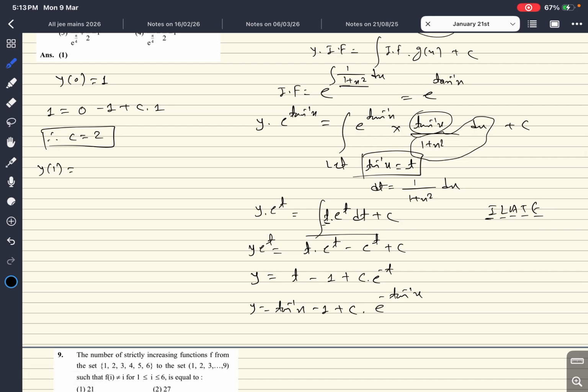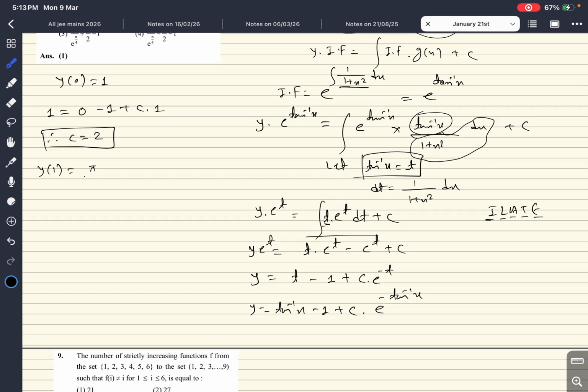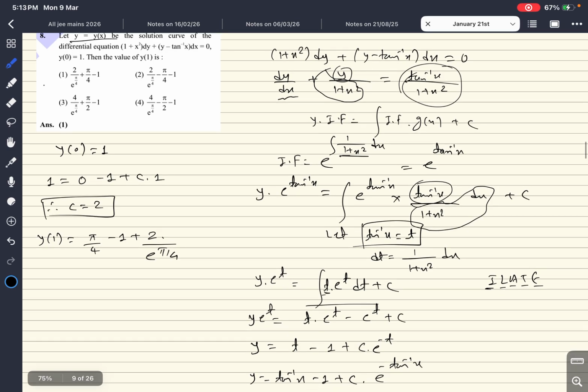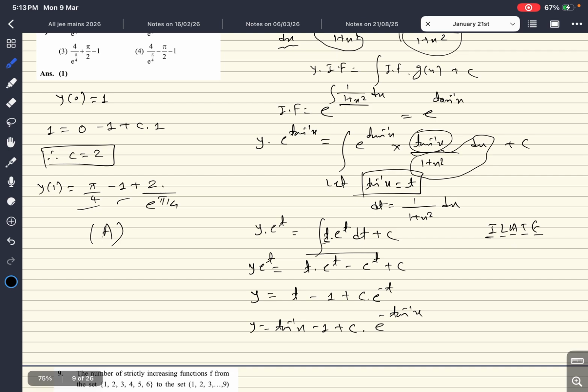Put the value: tan inverse of 1 is pi by 4, minus 1 plus c value is 2 into e to the power minus tan inverse of 1, which is minus pi by 4, so I can write 2 upon e to the power pi by 4 plus pi by 4 minus 1. Check the option, option A is correct.